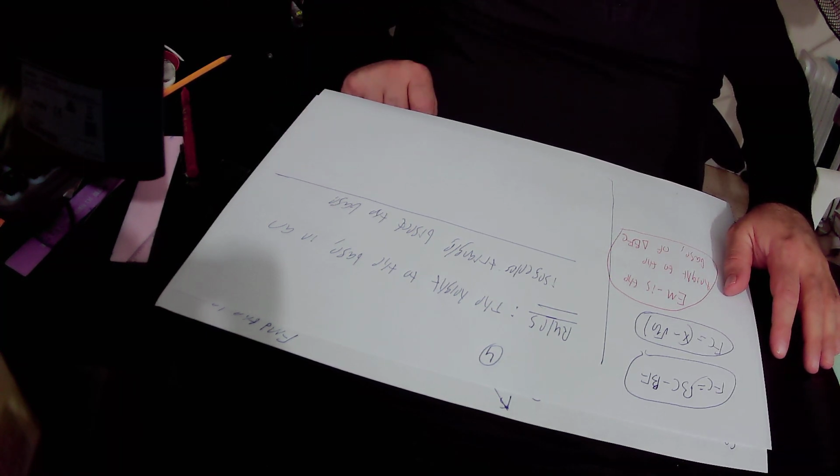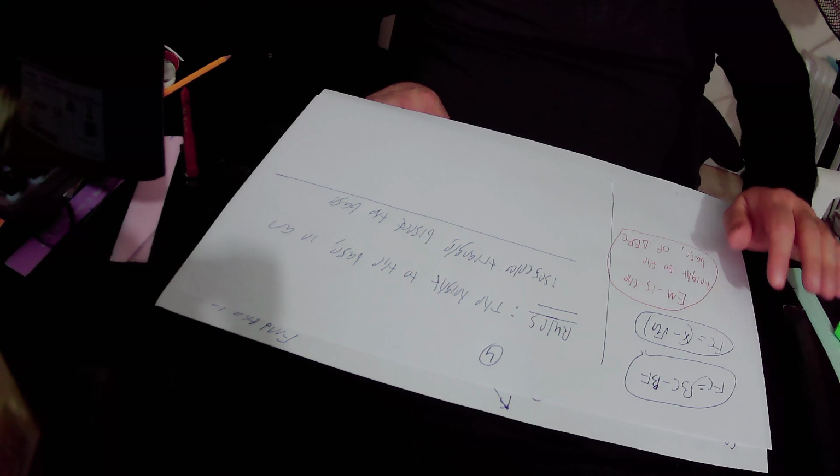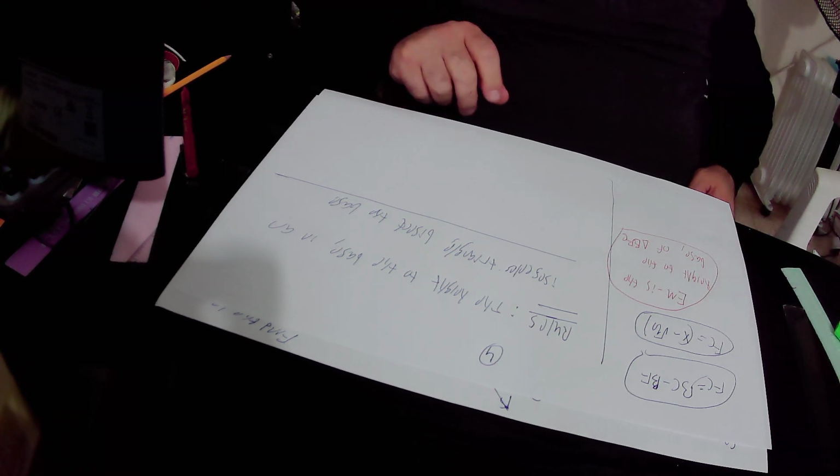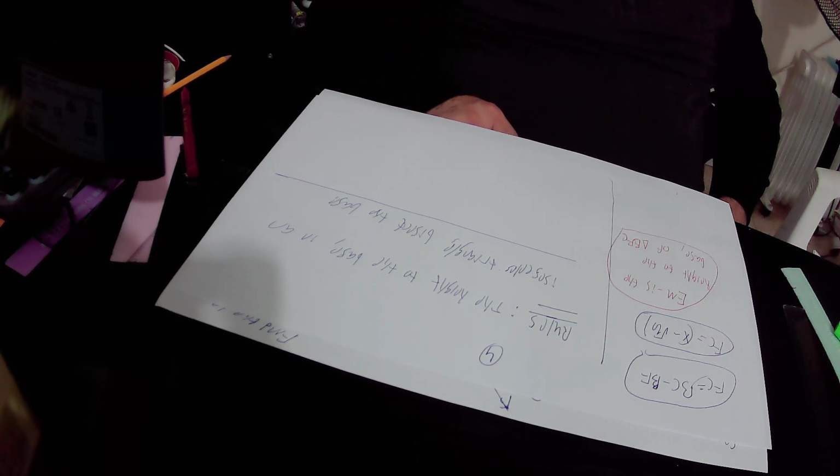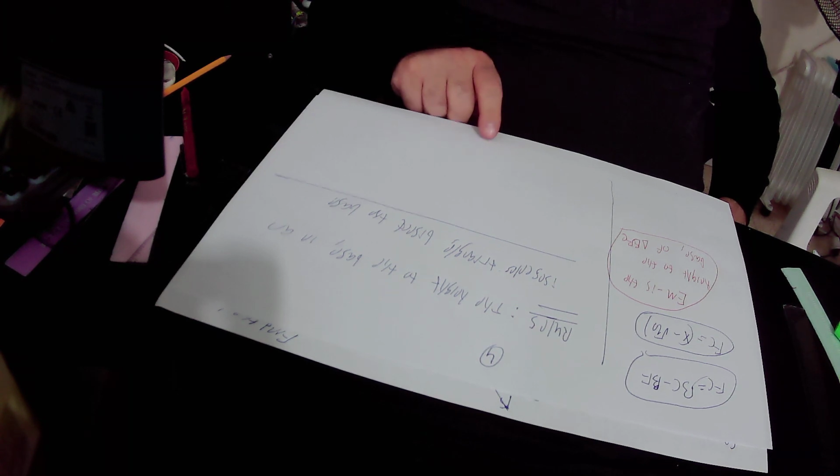I'll repeat again, according to rule number 5, the height to the base in an isosceles triangle bisects the base.